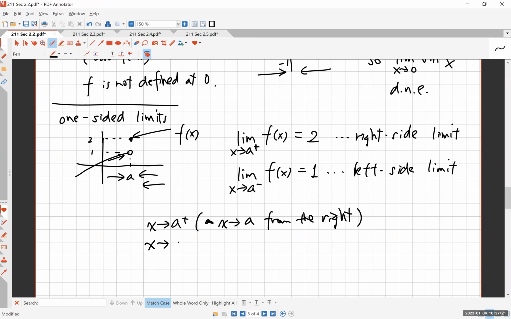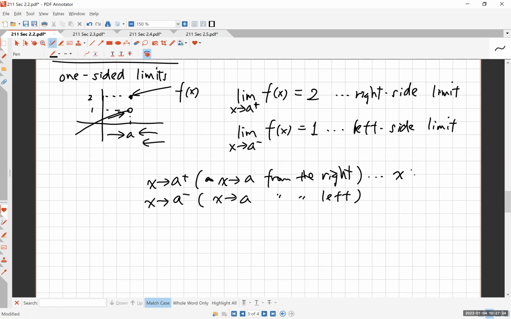When I write x approaches a minus, that means x is approaching a from the left, which means that x is always less than a.